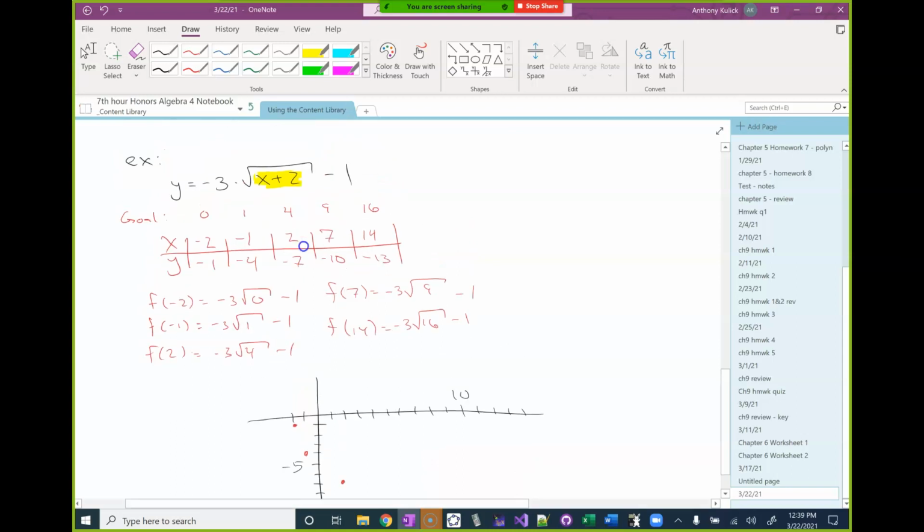Yes, exactly. If I plugged in an x that was less than -2, the part underneath the radical would be negative, and we'd be getting a non-real result. So really, my arrow should only be going in one direction. It should only be going, in this case, to the right.